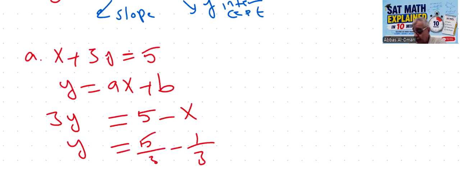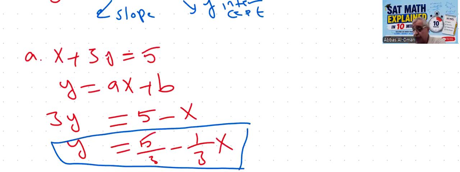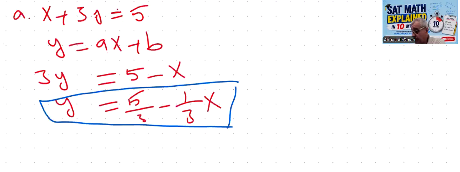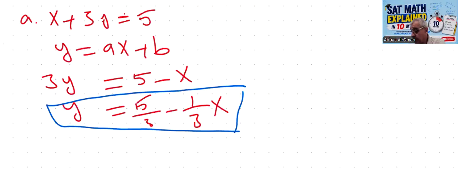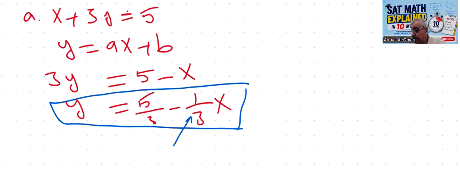So you see the slope of this line equals minus 1/3. We see the slope of this line equals minus 1/3. So this is the correct answer. So this line is parallel to this line.